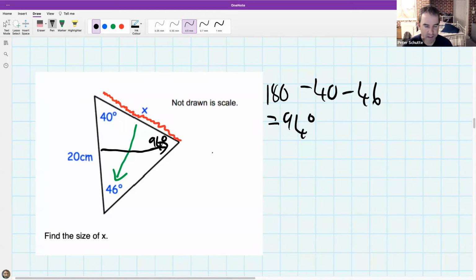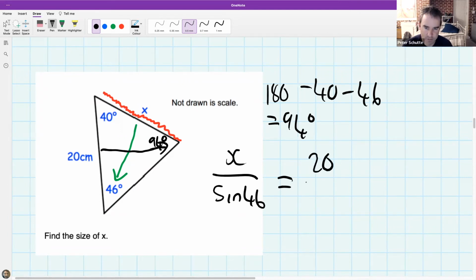Now, if I've got that angle, I'm going to start by writing the X, which I don't know, over the sine of 46. And then I'm going to use the 20 over here over the sine of 94. The only final step I need to worry about is how do I get this across to the other side.